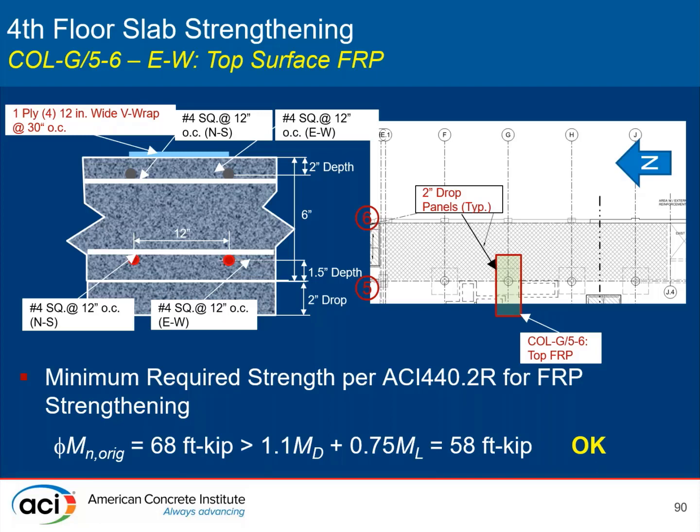It's necessary that fire be accounted for, and that the unstrengthened structure has an amount of nominal capacity essentially under service loads. In this case, φMn, the original 68 kip feet, is greater than 1.1 dead load moment plus 0.75 live load moment, which is 58 kip feet. So that's okay. That means that the structure in and of itself can resist those loads, notwithstanding the strengthening.